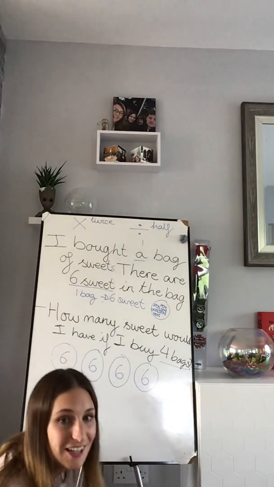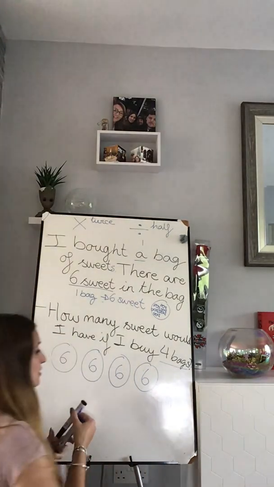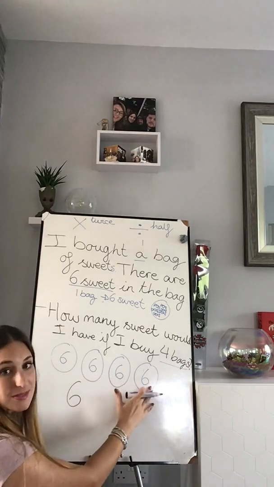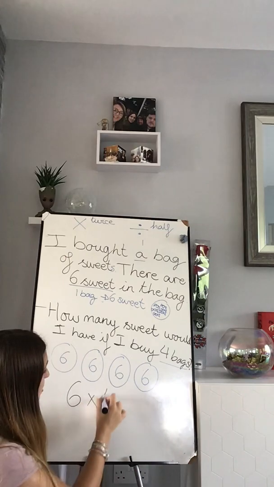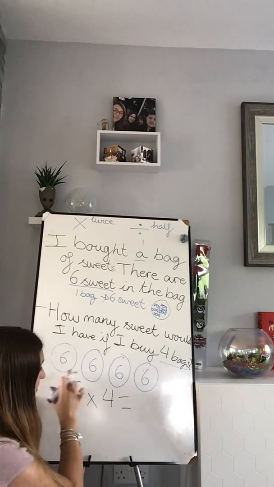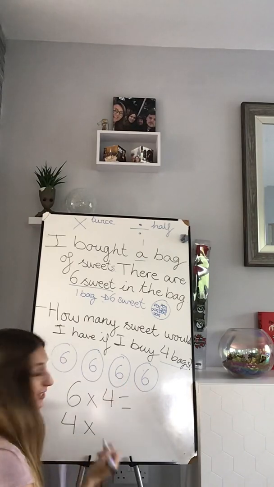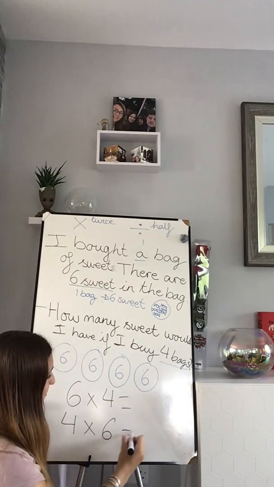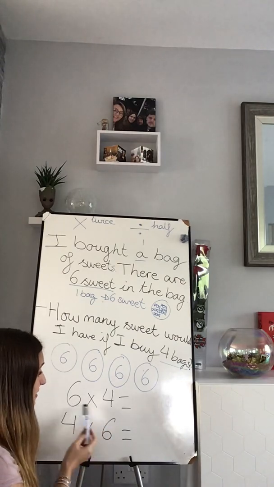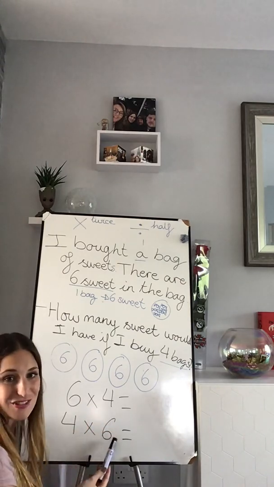Okay, ready? So I have 6 sweets. How many times? I have 6 sweets 4 times, or I have 4 bags with how many sweets? 6. Okay, 4 times 6, or 6 times 4.